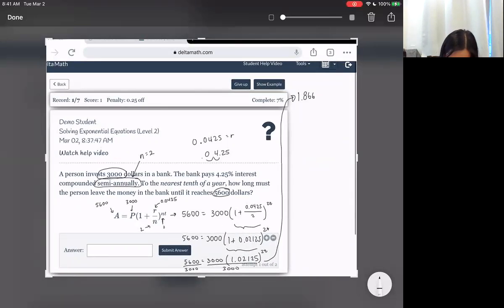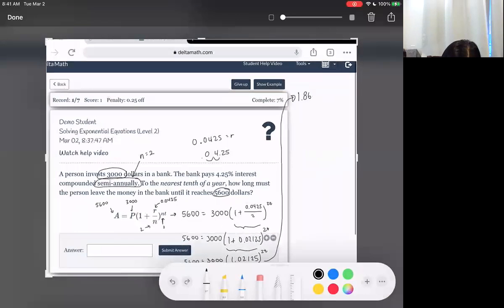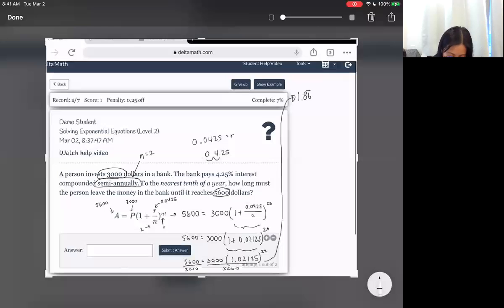Yeah, I think that should be enough decimal places. The 6 is just repeating. Here, 1.86 repeating. That is the 5,600 divided by 3,000. And then on the right side, the 3,000s cancel out. We have our exponential by itself, 1.02125 to the power of 2t.